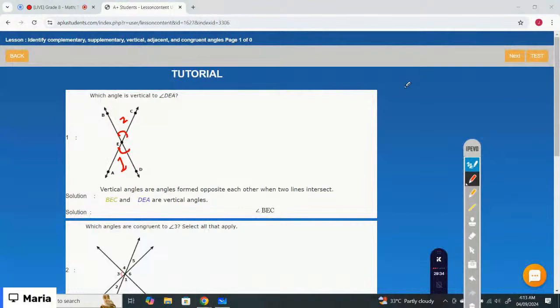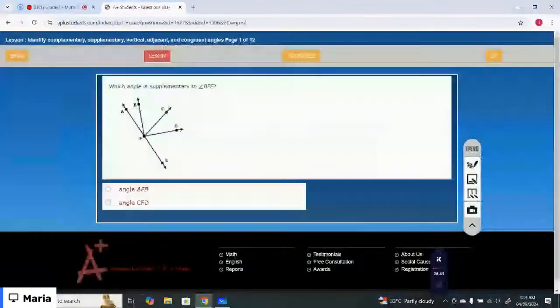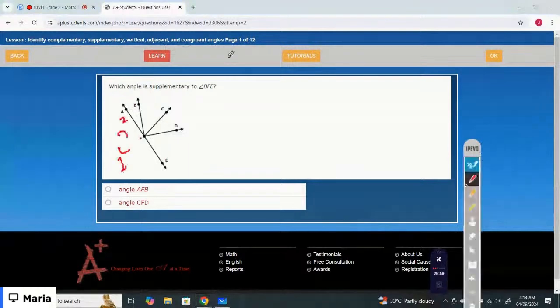Okay, let's just start with the test questions. Which angle is supplementary to angle BFE? Supplementary angles are the angles that sum to 180 degrees, right? So hold on. Here is BFE, right?